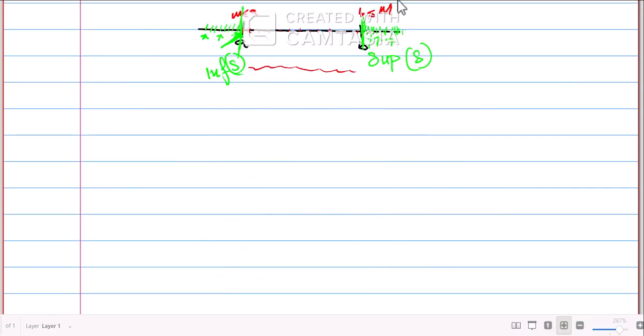Okay, now let's consider this example. Let's say S is equal to 1 over n, and n is an element of the natural numbers.